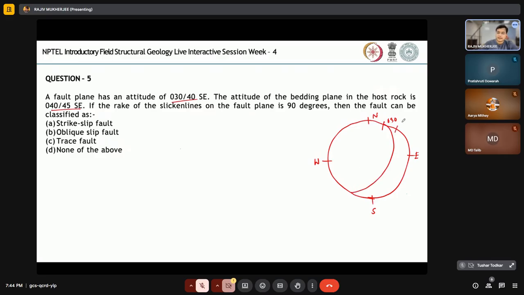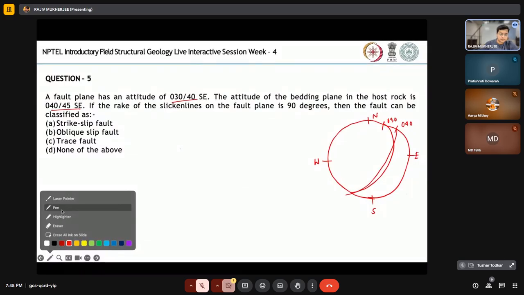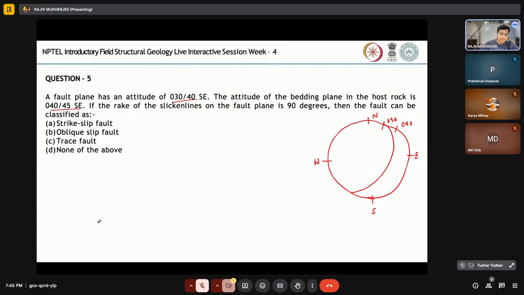And then the host rock has 040, 45 degree southeast. Like this. So the intersection obviously will plunge towards east southeast in this direction. It can be at around 100 to 120 plunge direction. And since both of the planes have a dip amount nearly 40 to 45 degrees, therefore the plunge amount automatically will be within that range, right?